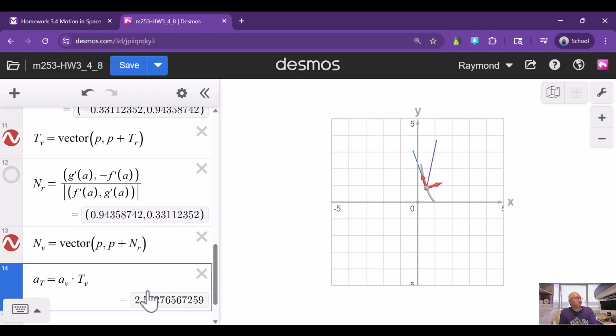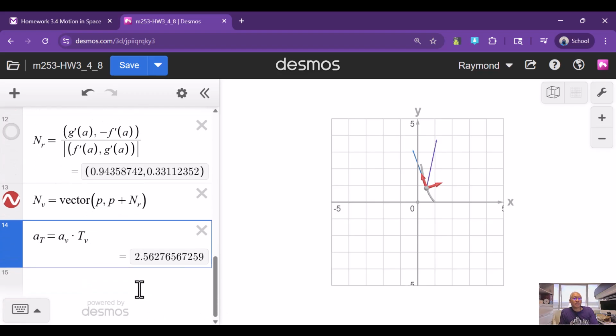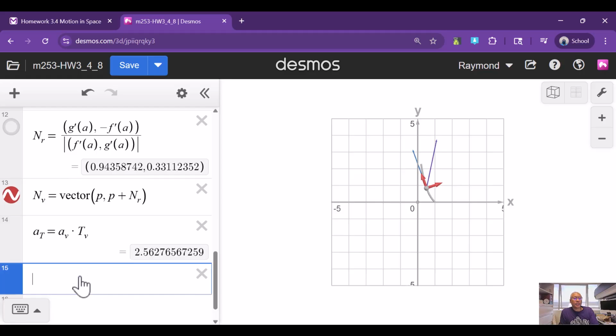Okay, so now that we have that, that's going to be your a sub t, and then your a sub n is going to be similarly the acceleration vector dotted with the normal vector. And this should be sub v here.